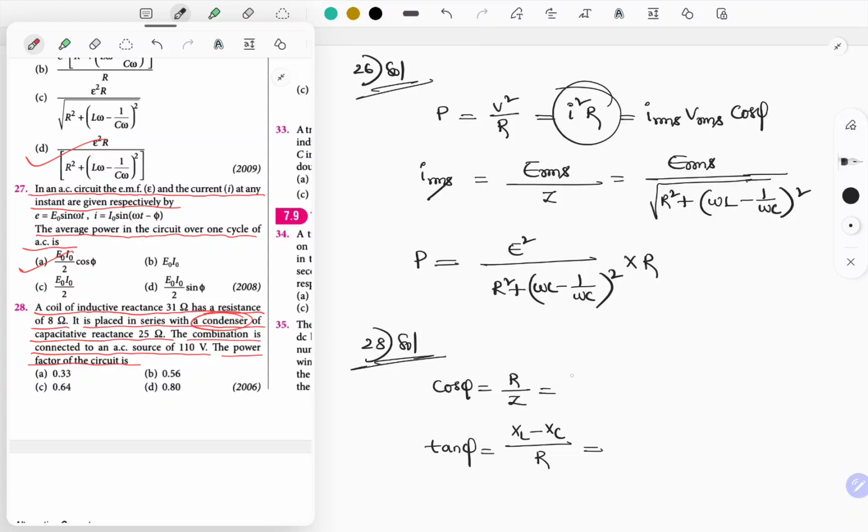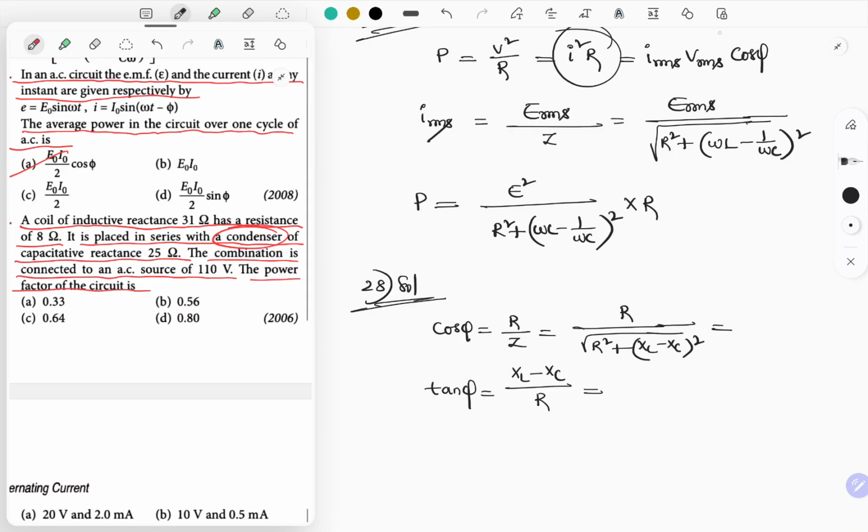What's the value of R? R is 8 ohm, divided by Z, which is root of R square plus XL minus XC whole square. Let me substitute this: 8 divided by root of 8 square plus 31 minus 25, which is 6 square.